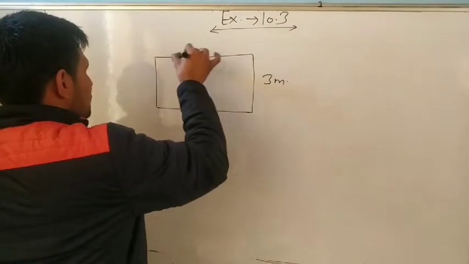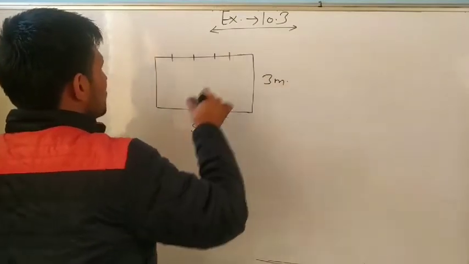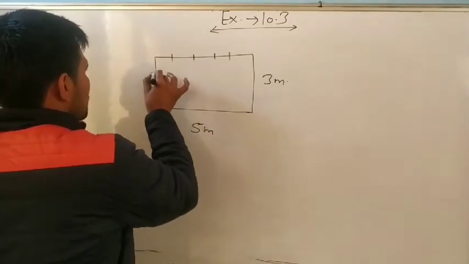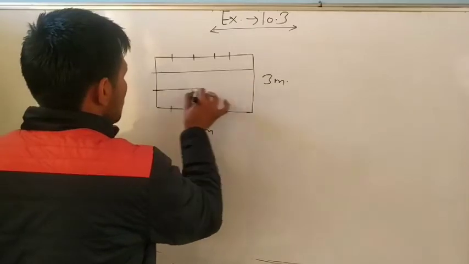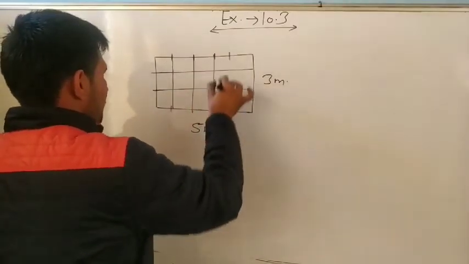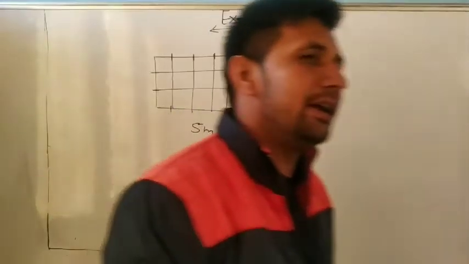So first 1, 2, and if like this one is given, we can find its area.